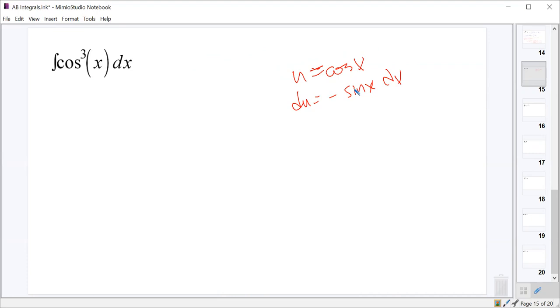Nope. If I try to put in a negative sine x, I'd have to divide by negative sine x, and then I'm still going to have a negative sine x in a denominator, which is a problem. So that's not going to work.